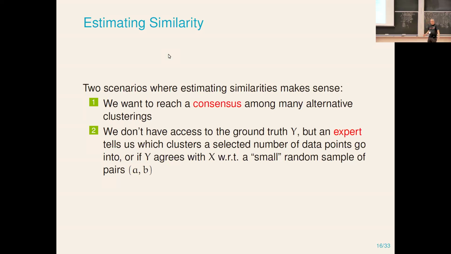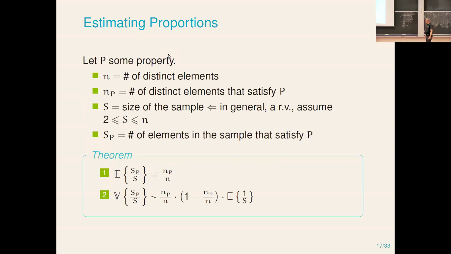What you can ask is, here's a sample of the data points, give me how the ground truth clustering looks like for this sample of points. Or I'm giving you a sample of random pairs. How would you classify them? Do you agree with the output of the algorithm? Yes, no? That makes sense. You will work with a small sample and you can ask your expert to tell you those answers.